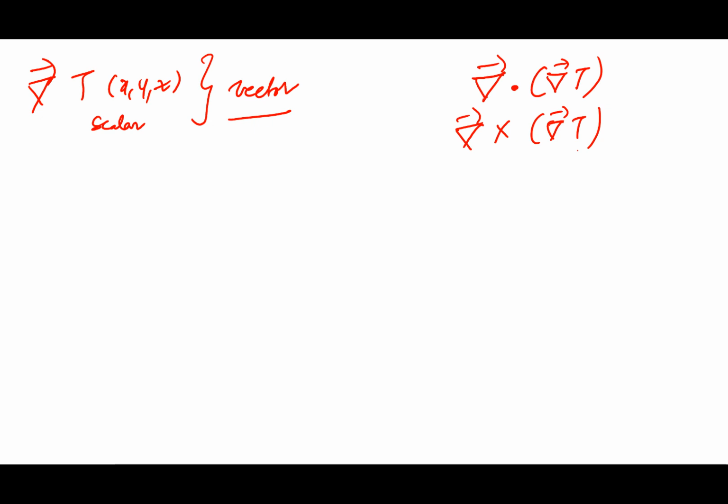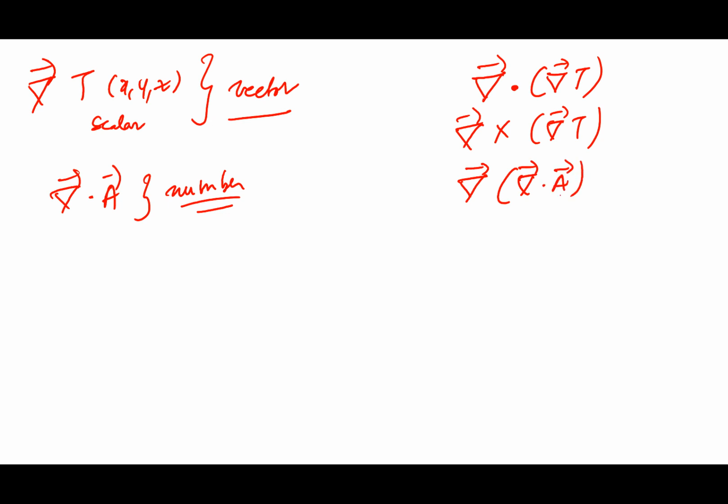And the divergence itself is a number, right? When I do divergence of A, it gives me a scalar number, and this is a scalar field. So it can be an input for the gradient operator. So I can do gradient of divergence, right?